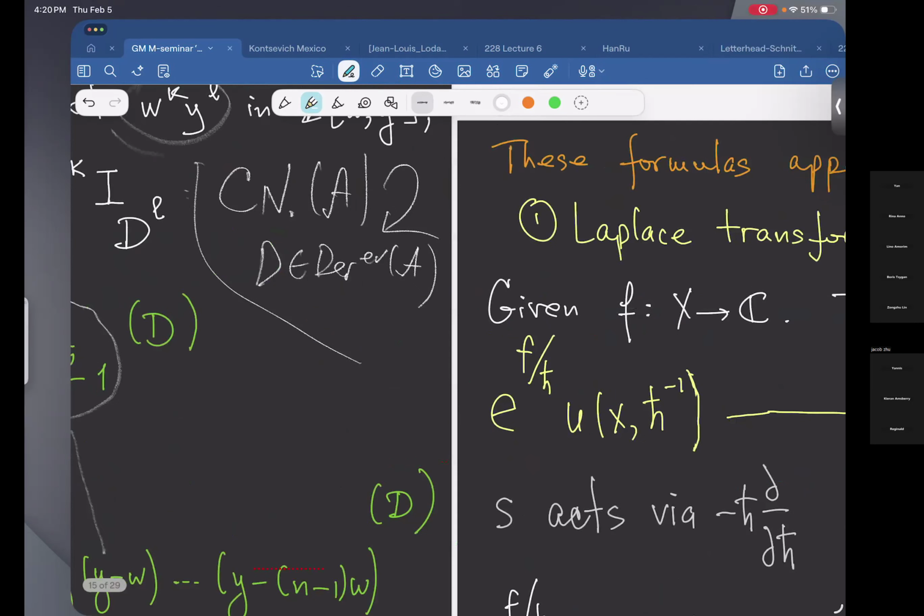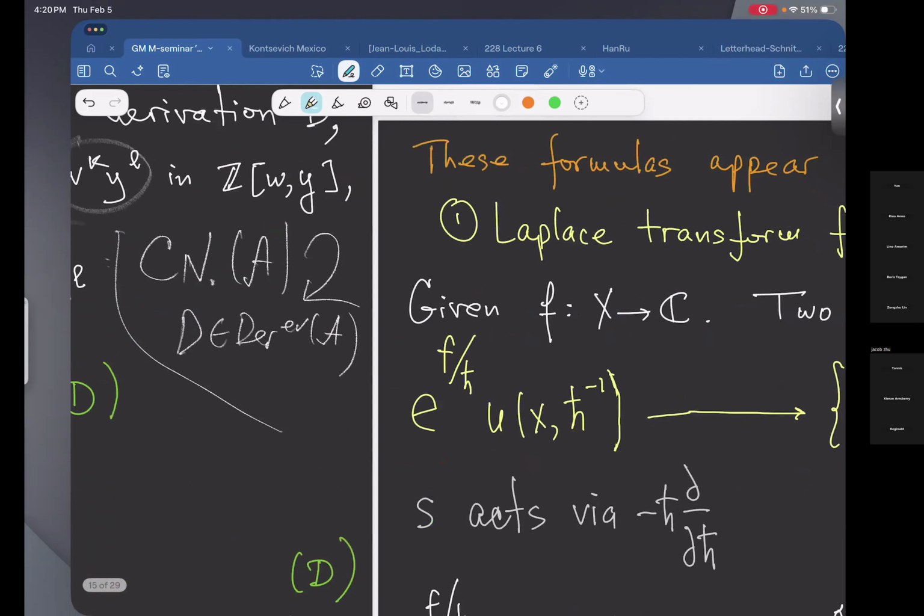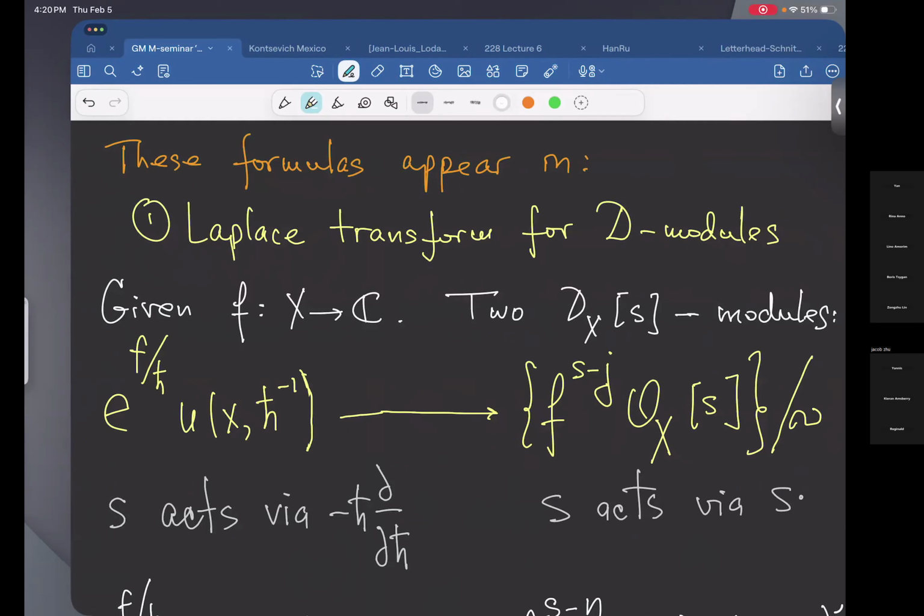Okay, so let me mention D modules briefly, and again, I find it kind of intriguing that these same formulas appear in some sort of Laplace transform for D modules. If you have a function on a manifold or variety, then you can form a formal D module like that in the left-hand side, which also has a D module meaning in terms of direct image.